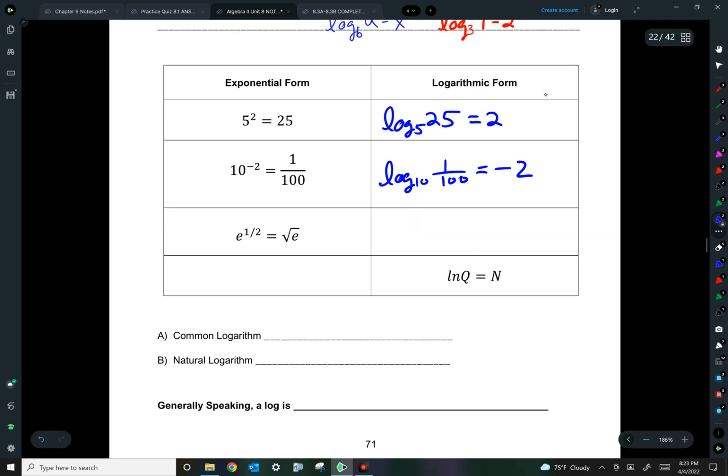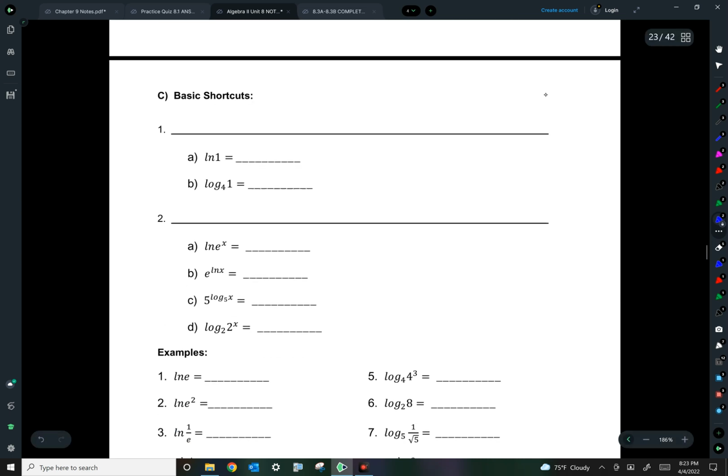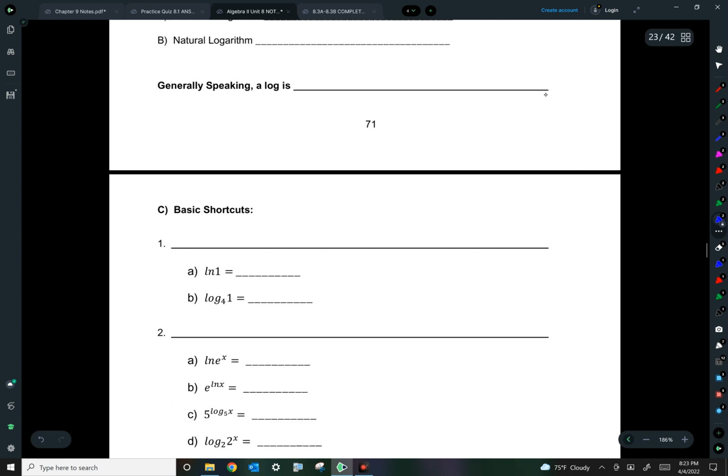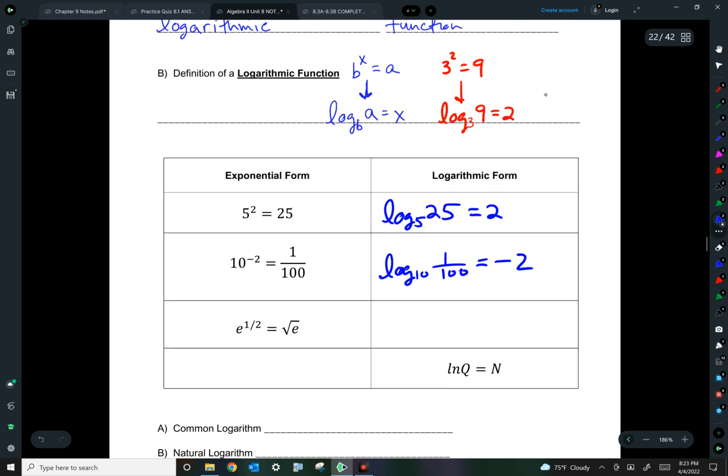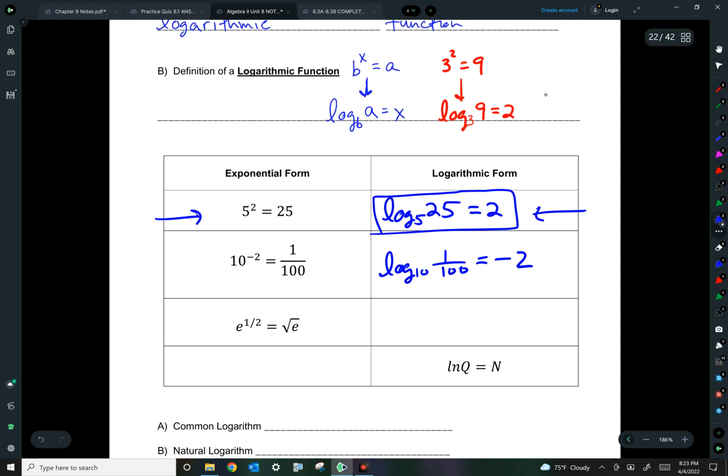Okay, I think it's very helpful if you read them the same way that I read them. So like, for example, on this first example, when you look at this logarithm, if I said, hey, read this to me, you didn't hear me say log 5 25 equals 2. I said log base 5 of 25 equals 2. That's exactly how you should read it. In fact, I'm going to write out those words.